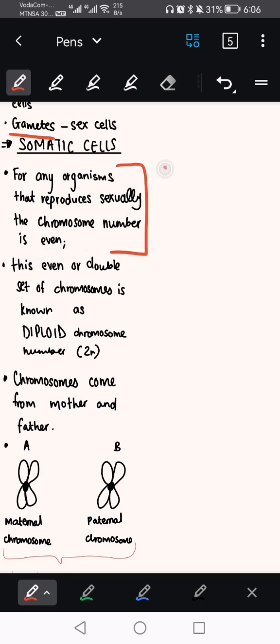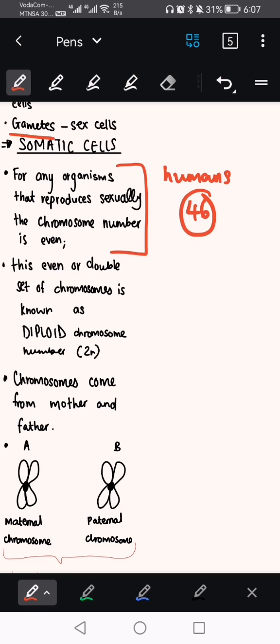Because humans reproduce sexually, they will always have 46 chromosomes. In certain cases, they will never have 47 or 48. They will have an extra one on a pair, right? But they will never have 47, because if you have 47, then you're a completely different organism, right?